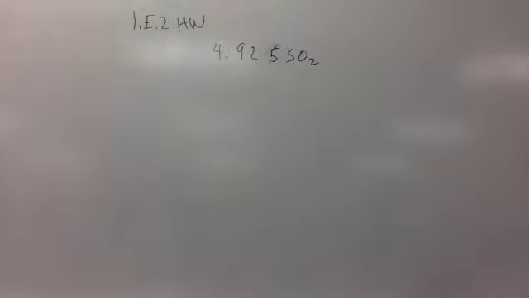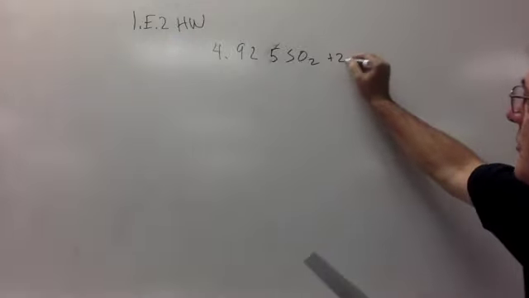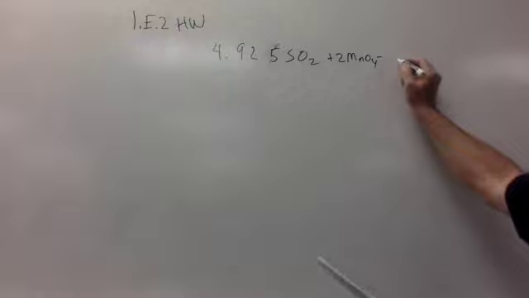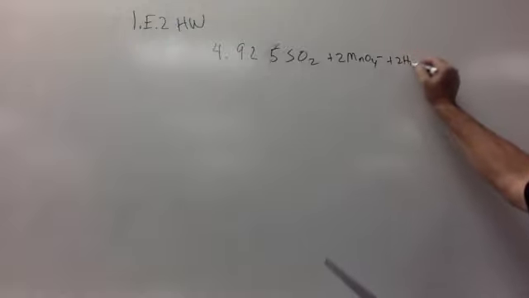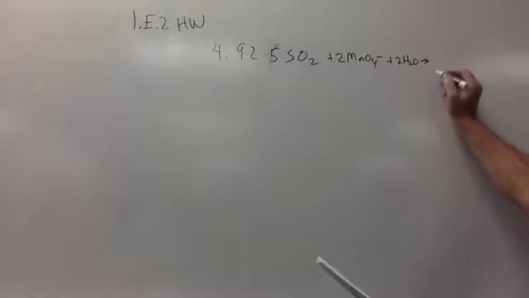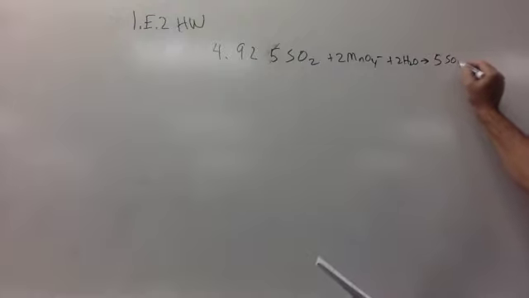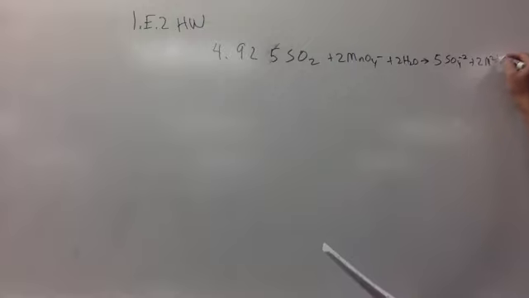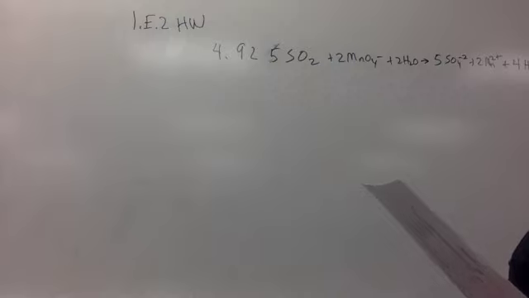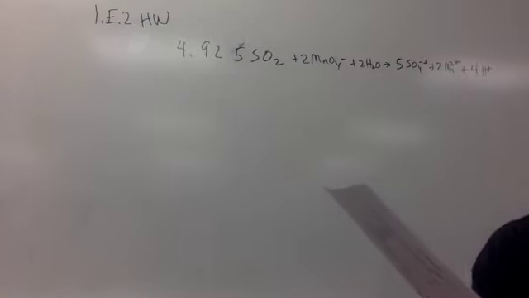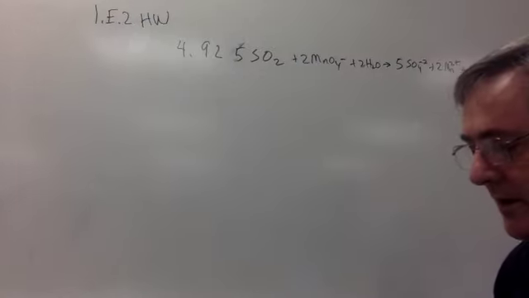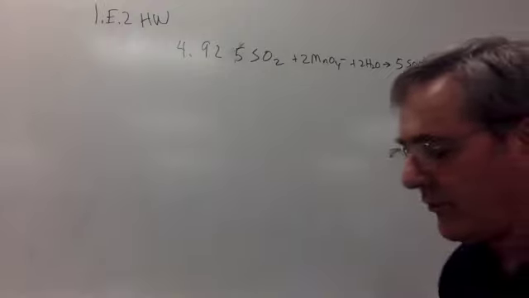Here we have 5 SO2 plus 2 MnO4 minus plus 2 waters yields 5 SO4 minus 2 plus 2 Mn plus 2 and 4 H pluses. All right, molarity times liters equals moles.